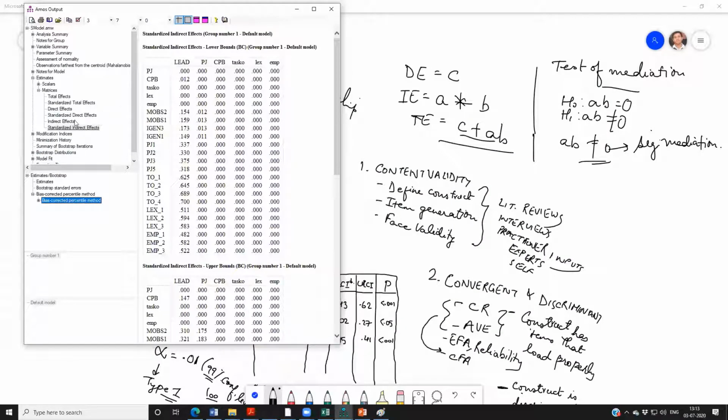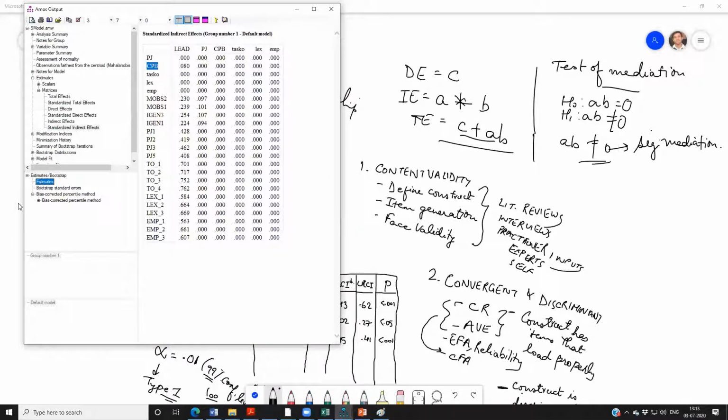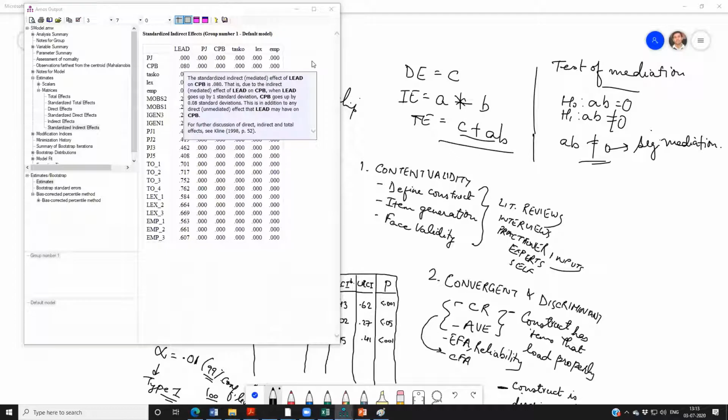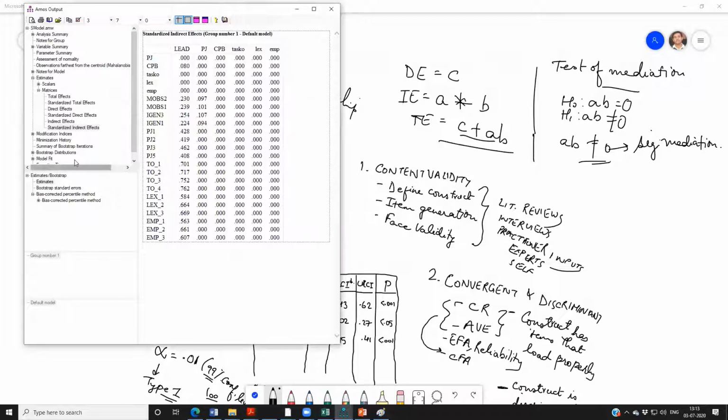If you go to the estimate, this is the estimate of the standardized indirect effect. And it also shows you this: if you click on it, it says when lead goes up by 1 standard deviation, CPB goes up by this amount.